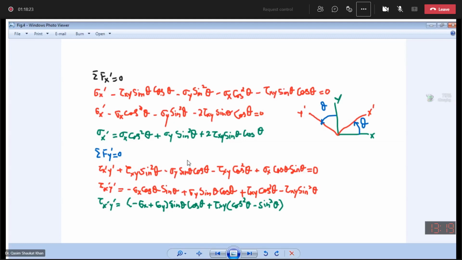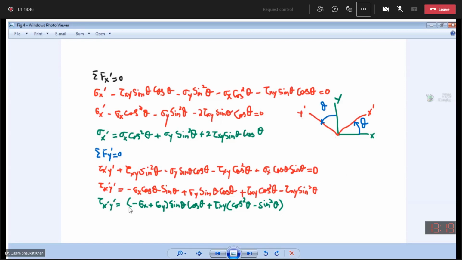Now on the other side it will go, so this minus will turn to plus sigma y sine theta cos theta. And then you have this plus tau xy sine squared theta. On the other side it will go and become minus tau xy sine squared theta. This minus tau xy cos squared theta, on the other side it will go, it will become plus tau xy cos squared theta.